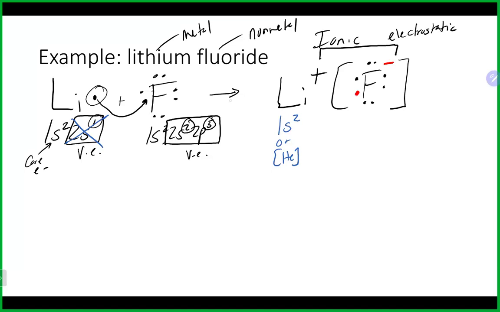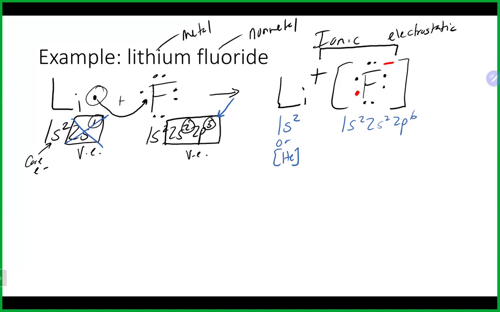The fluorine had room right there in the p subshell because the p subshell could hold how many electrons? And it only has 5 at this point, right? So it's going to slap that extra electron right in there and have 1s2, 2s2, 2p6. If I count up the top numbers, that's 2, 2 is 4, and 6 is 10.